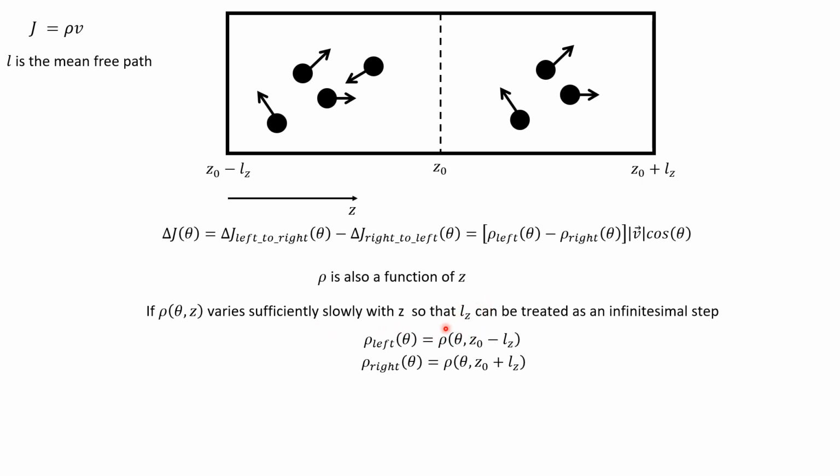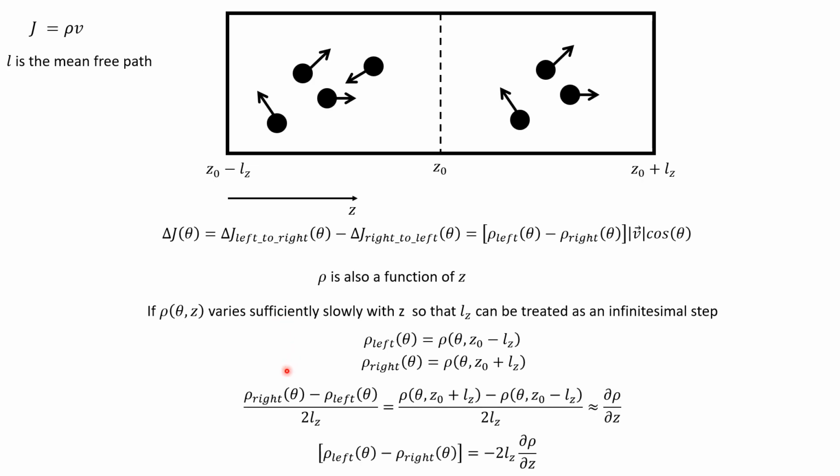In other words, typically we can treat the mean free path as an infinitesimal step for the concentration. So in this case, we can describe the concentration on the left box in terms of a variable z. So the concentration in the left box will be the concentration evaluated at the point z0 minus Lz. And the concentration in the right box would be the concentration evaluated at the point z0 plus Lz.